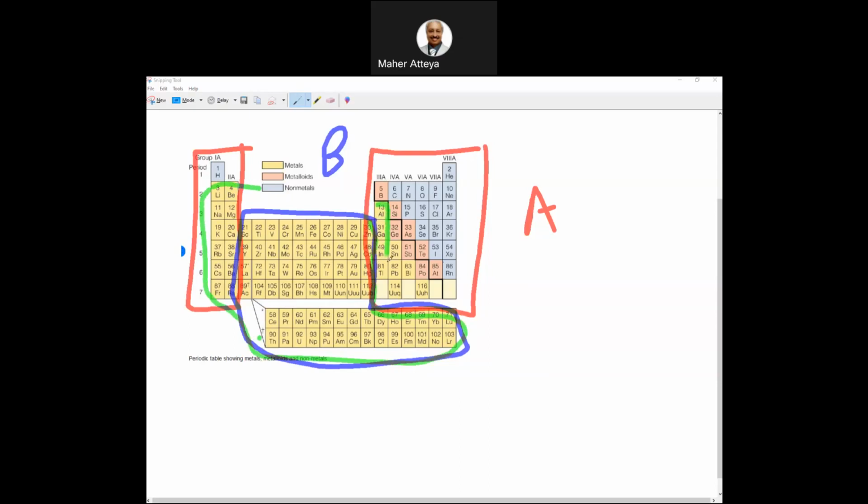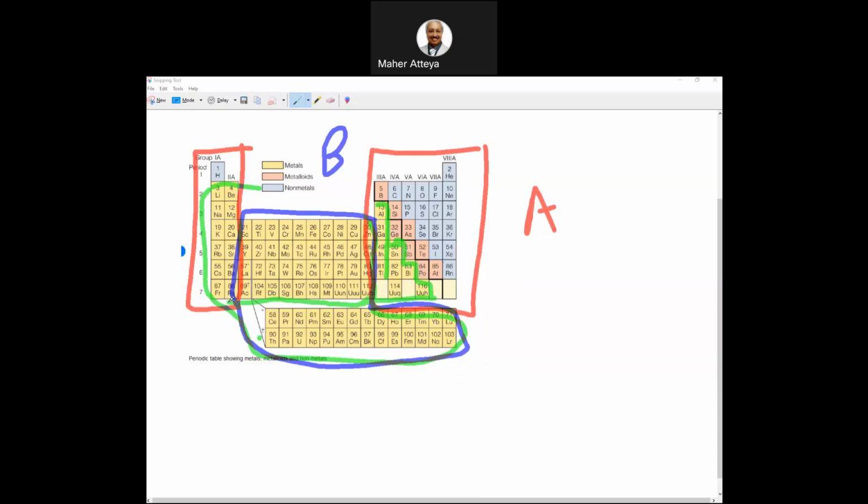Here, aluminum, gallium, metals, metals, metals. All those are metals. Here, all those are metals. So you see about 75 to 80% of the elements are metals.